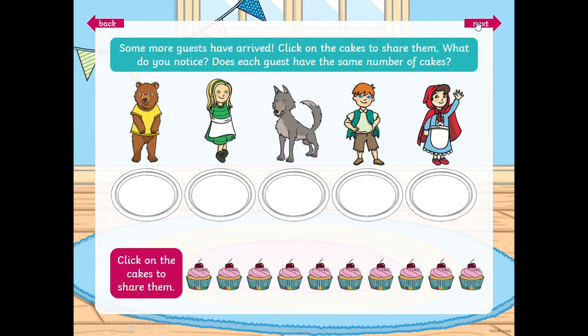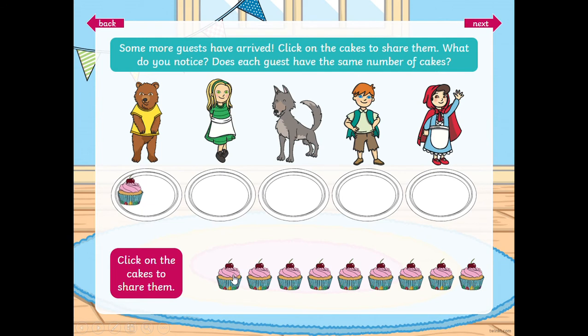Oh, some more guests have arrived. Okay, so let's see if we can share them equally. So we've got Baby Bear, Goldilocks, the Big Bad Wolf. I'm going to say this must be Hansel out of Hansel and Gretel, and we've got Little Red Riding Hood.